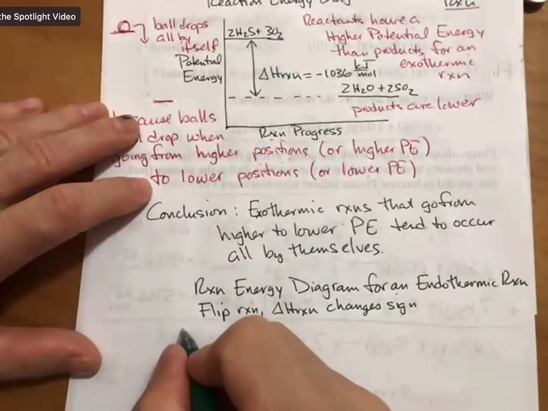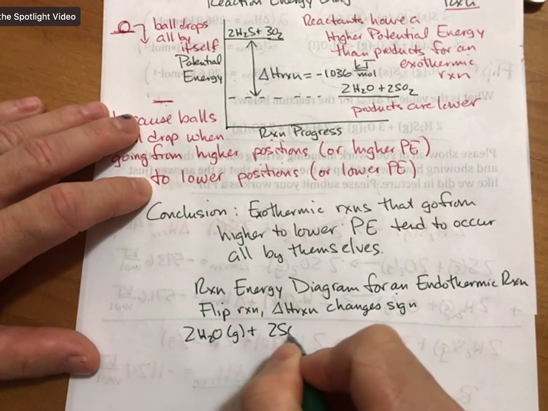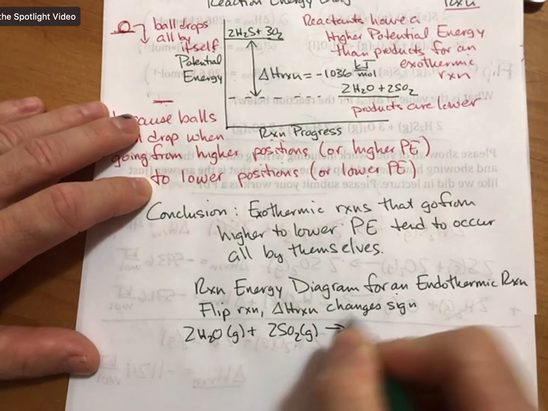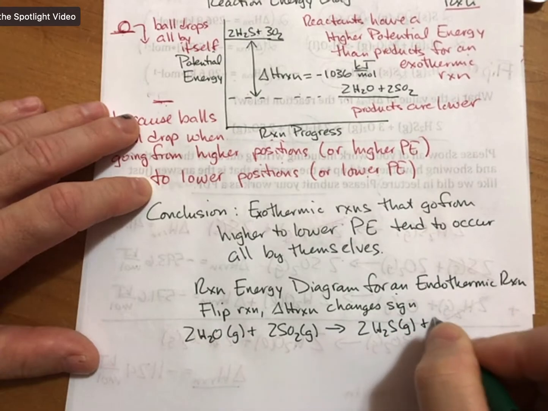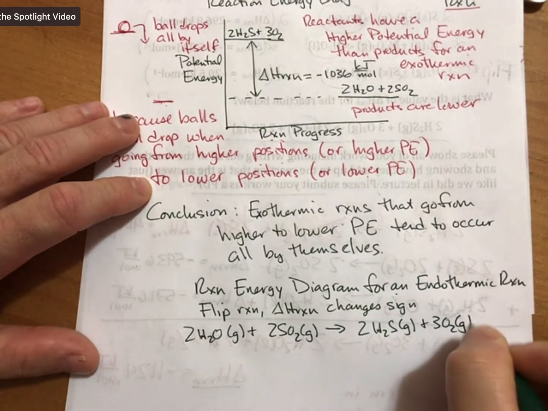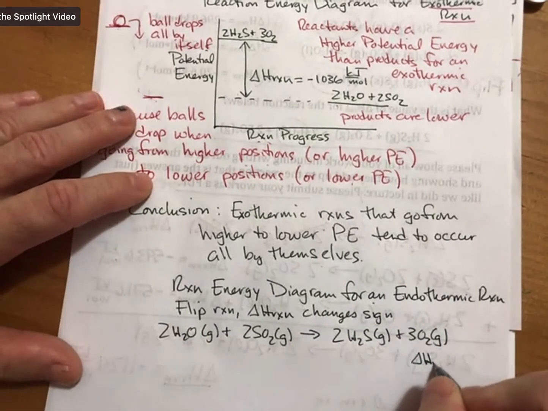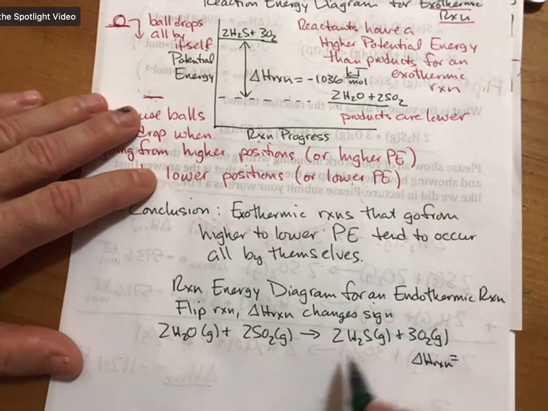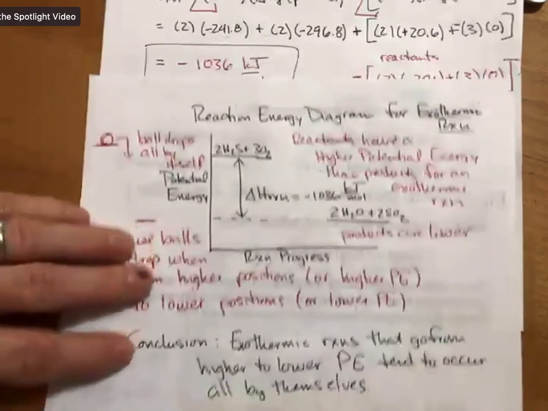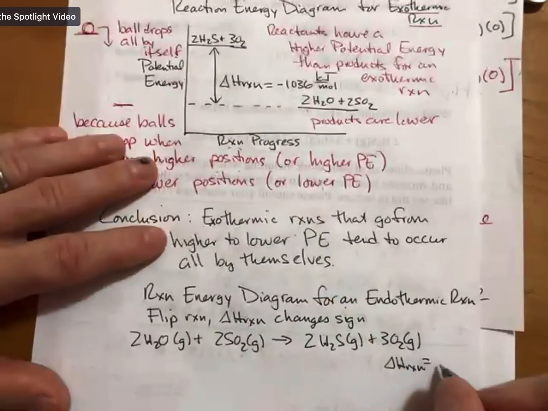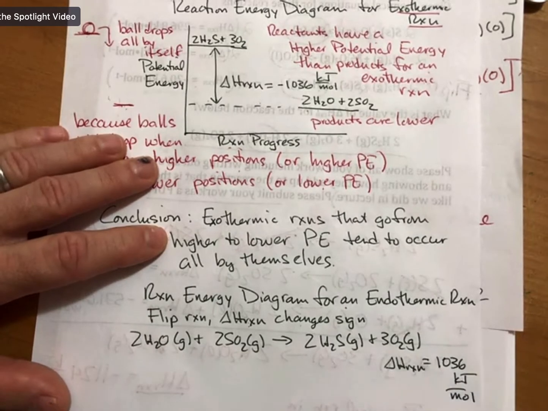It's going to be 2H2O gas plus 2SO2 gas goes to 2H2S gas plus 3O2. Question, Ankiru? No. Okay. For delta H reaction, if you flip the reaction, then delta H changes sign. So instead of minus 1036, it will now be plus 1036 kilojoules per mole.